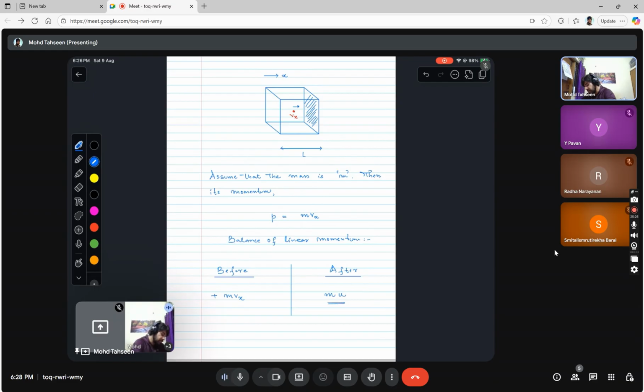So the balance of linear momentum says that the total momentum should be conserved, which means the total momentum before the collision, plus m v x, should be equal to, let me write u of x here, the total momentum after the collision.